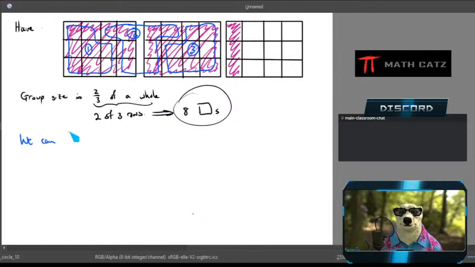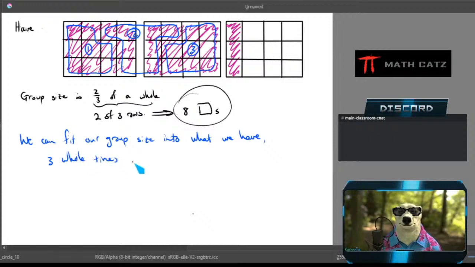We can fit our groups, our group size, however you want to say it, into what we have 3 whole times with 3 pieces left over.